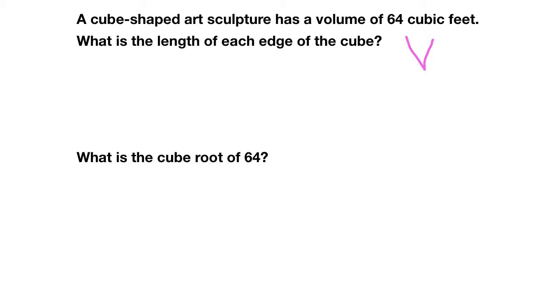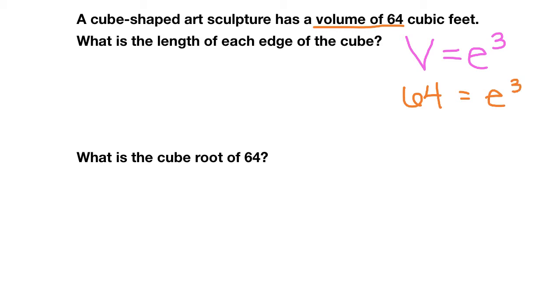So instead of saying length times width times height, or edge times edge times edge, we can say edge to the third power. In our problem, we know the volume is 64, so I'm going to replace the V with 64. 64 is equal to the edge to the third power.